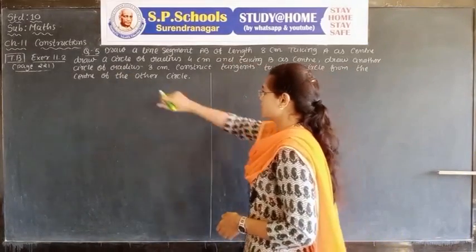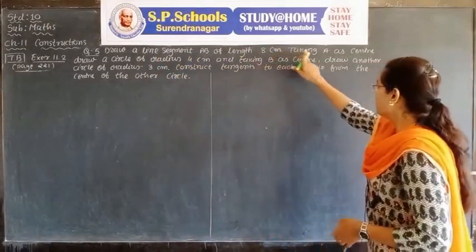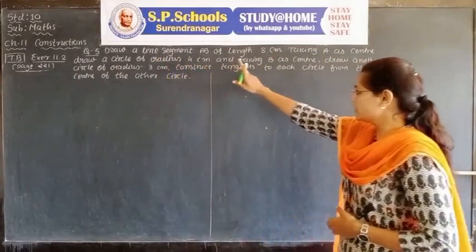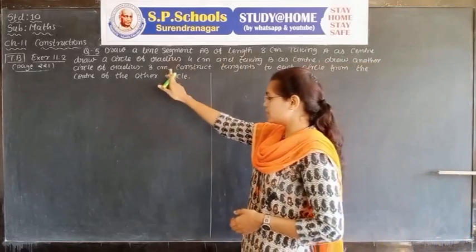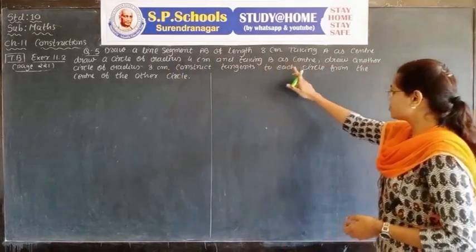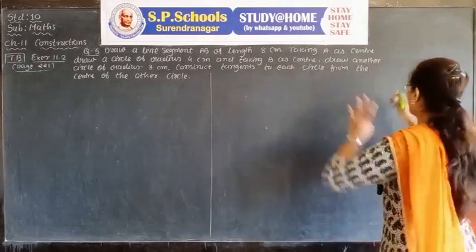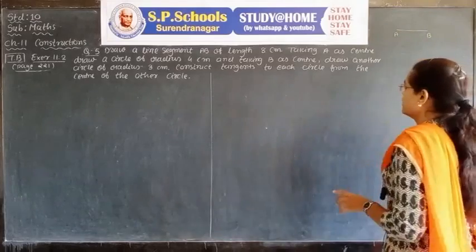The question says: draw a line segment AB of length 8 cm. Taking A as a center, draw a circle of radius 4 cm, and taking B as a center, draw another circle of radius 3 cm. Construct tangents to each circle from the center of the other circle. First of all, the line segment is given. It is our rough construction. AB is equal to 8 cm.